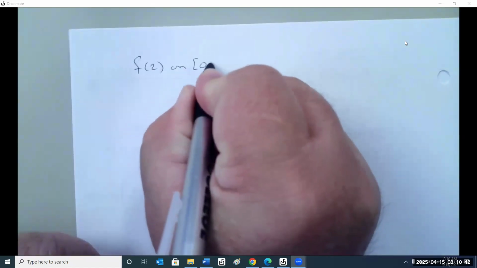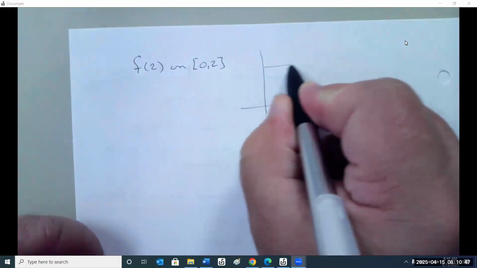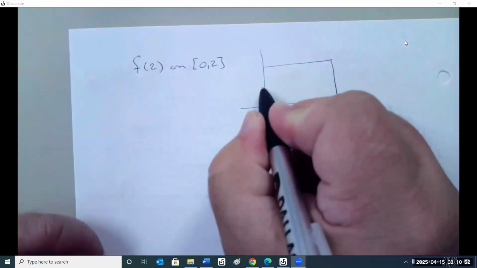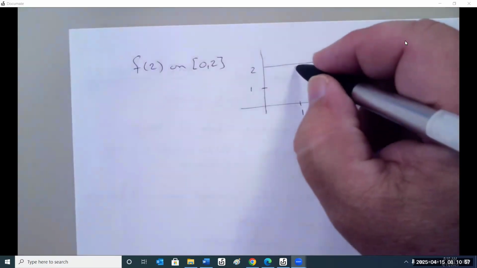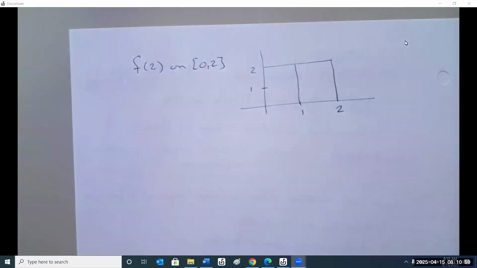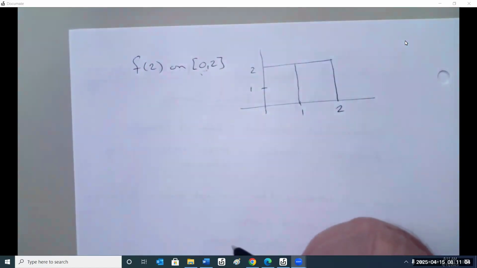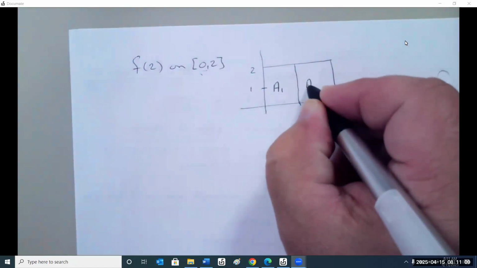What if we take that same picture, the same function, and cut it into 2 pieces? We're still looking for the same area, but now we have the area of this one, and the area of this one.